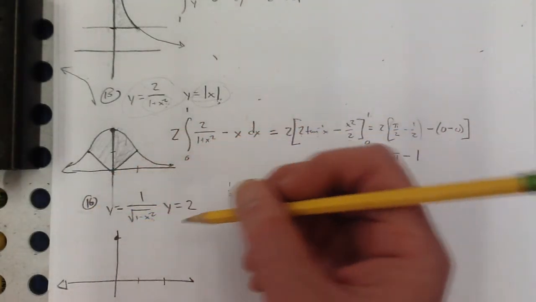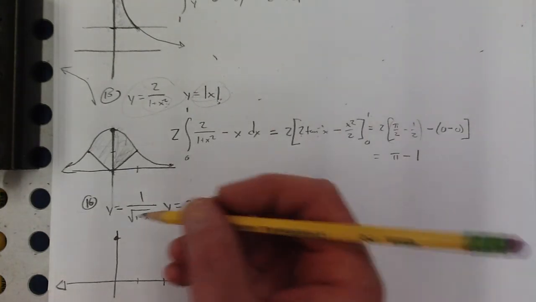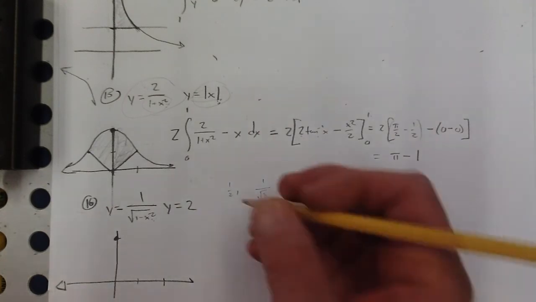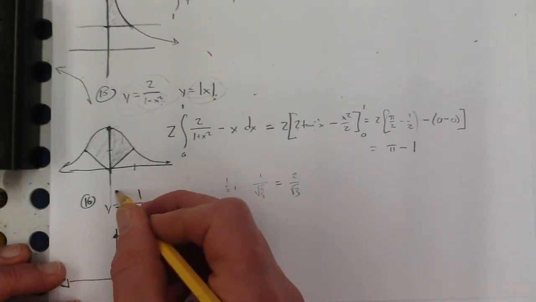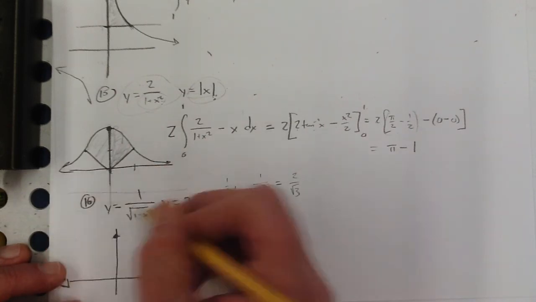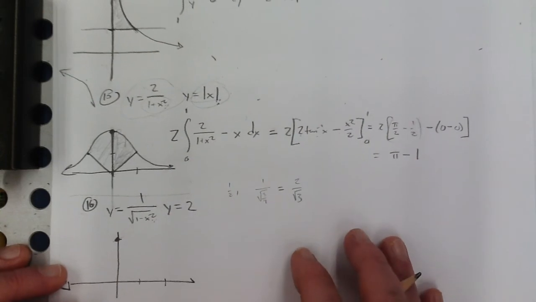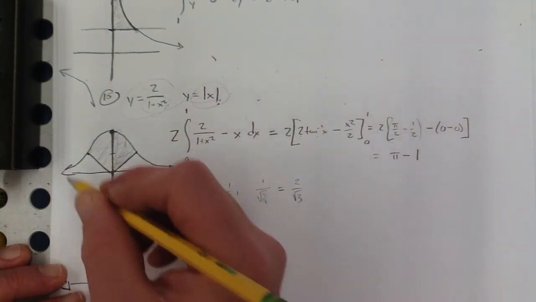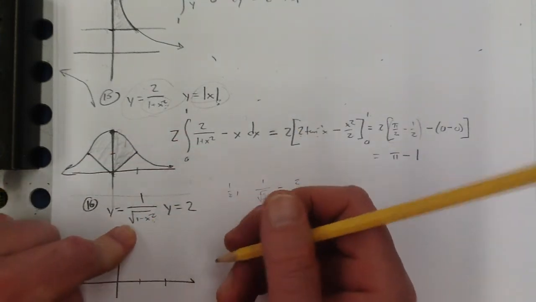So somehow, where are we going from? Y equals 2 is the other thing. So what I should be doing here is setting that equal to 2, so I can figure out where y equals 2 intersects that. That's what I should be doing, instead of trying to make a sketch of the whole thing. So this looks like some kind of, almost like a secant function, I think, piece of.